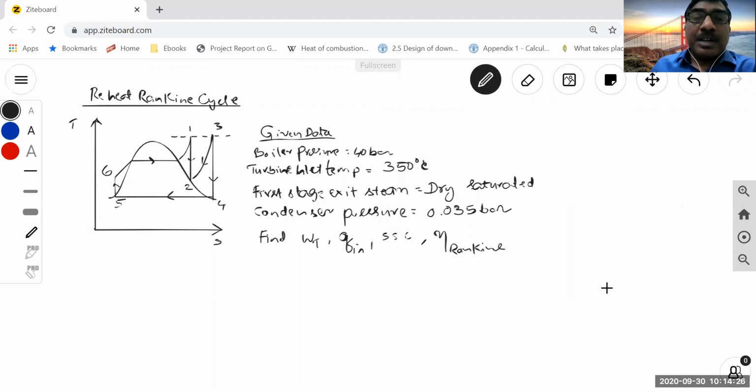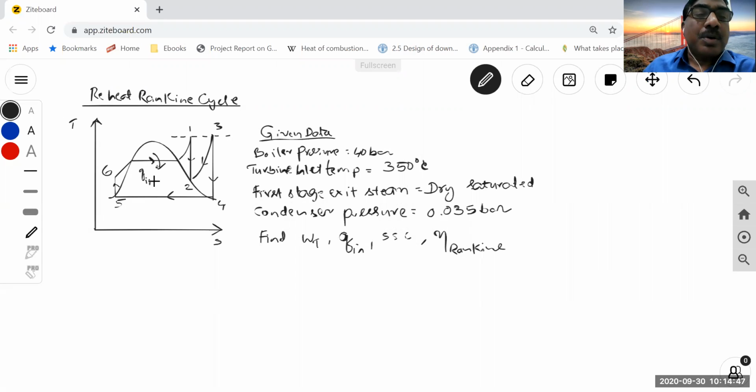So this is the given data. Boiler pressure, this is the cycle. This is the Rankine cycle with two stage with reheating. So 1 to 2 is stage 1 and 3 to 4 is stage 2. So here the heat is going to be added here and here. Two stages are there.